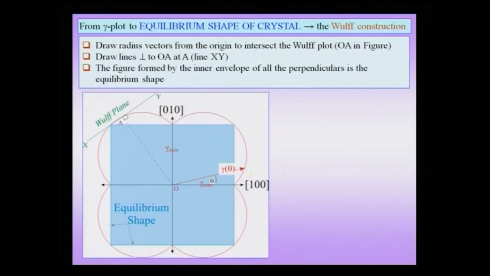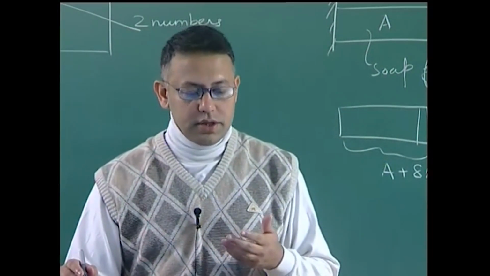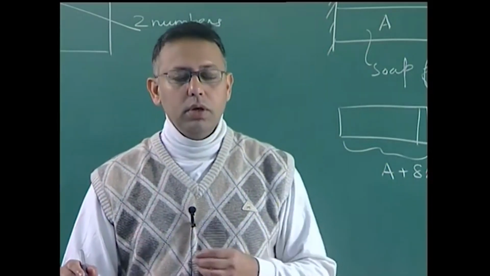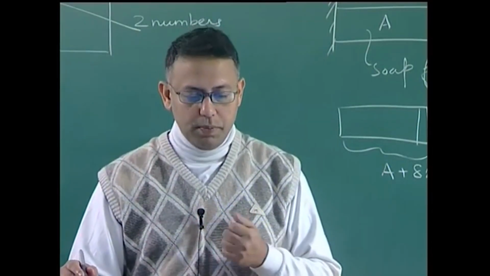Now, we have already noted that crystals tend to have a certain faceted shape, and how we can obtain this shape of a crystal is the next question. This question is very closely related to the fact that we are considering surface energy. We already pointed out that surface energy depends on the direction, that means it is an anisotropic quantity.